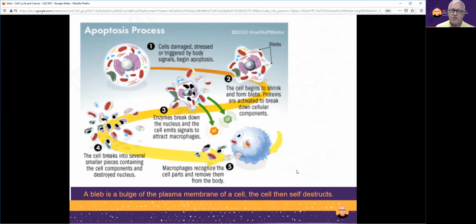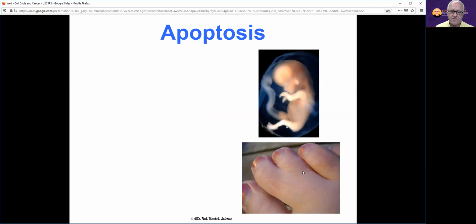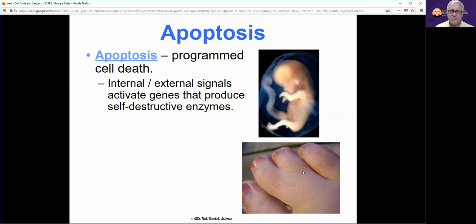And so the apoptosis process is a process where the cell gets a signal and says, hey, I'm really not forming properly. It's time to self-destruct. Now, sometimes during that apoptosis process, when it gets those internal and external signals, it activates those genes that produce the self-destructive enzymes.